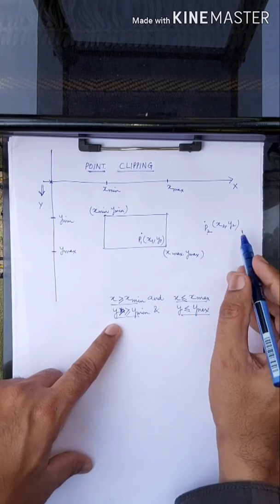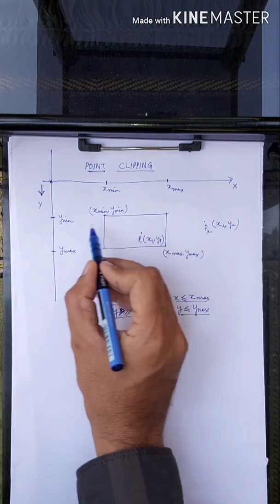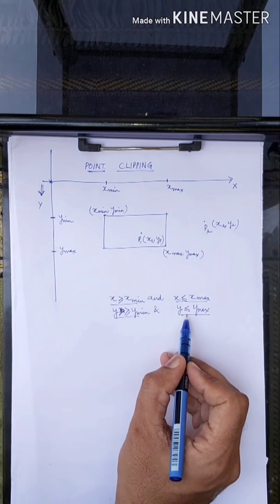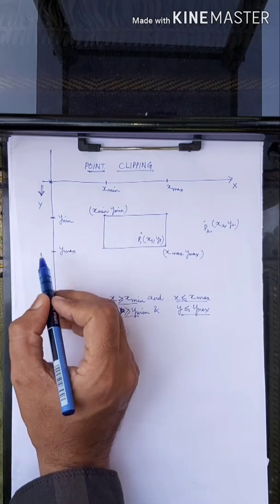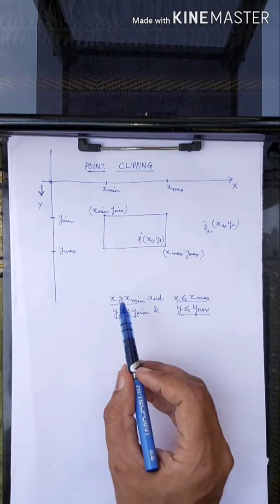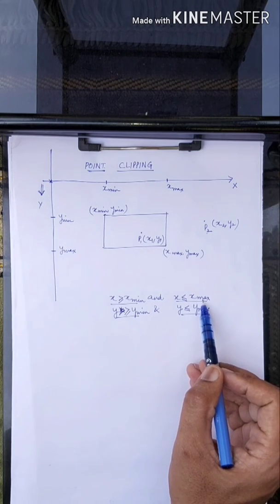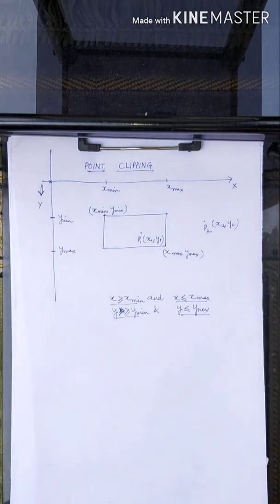For y, y2 is greater than y min, and on the fourth condition, y2 is lesser than y max. So for this point P2, these conditions are satisfied, but this condition is violated. So if the point violates any of these four conditions, it is not inside the window, it is outside the window, so such points will be rejected after clipping.